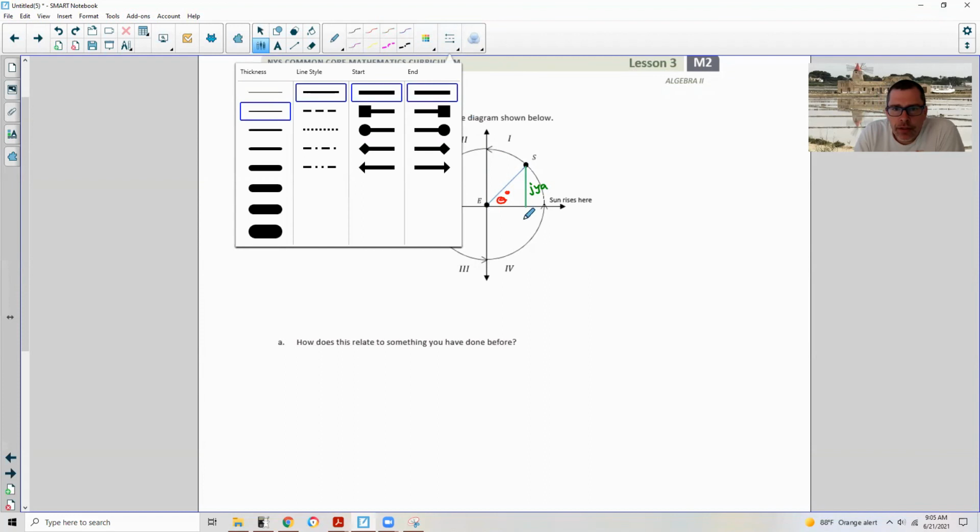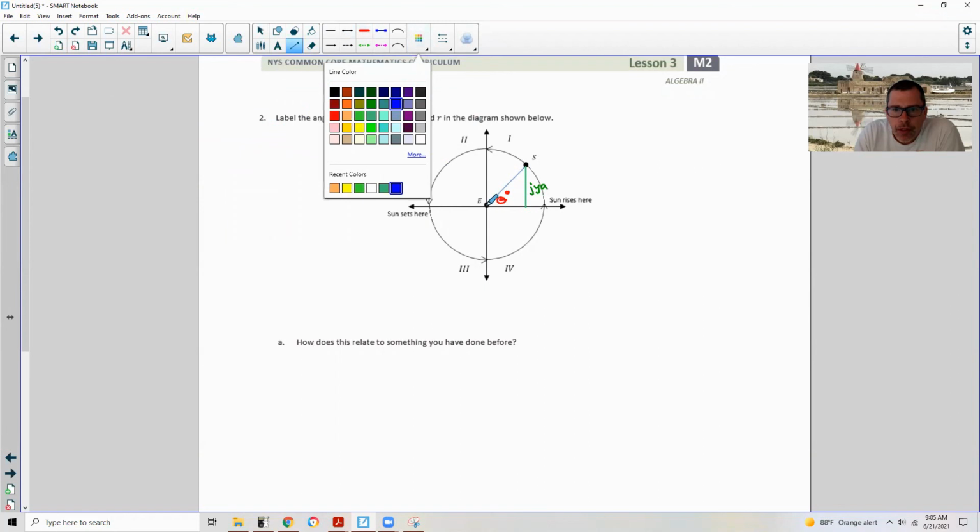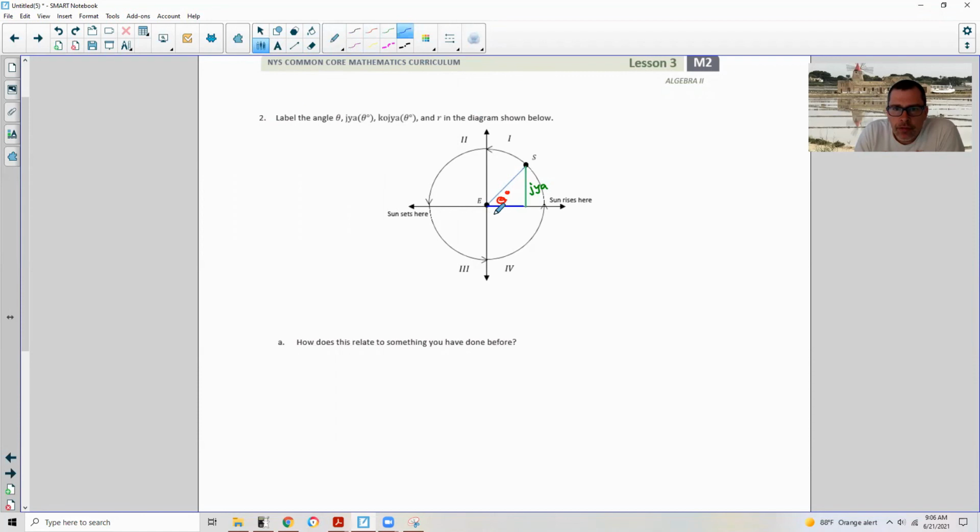Actually, I want a line segment, medium, and blue. Okay, so right there is koja. All right, so this is definitely a right triangle because jaw is perpendicular to koja.